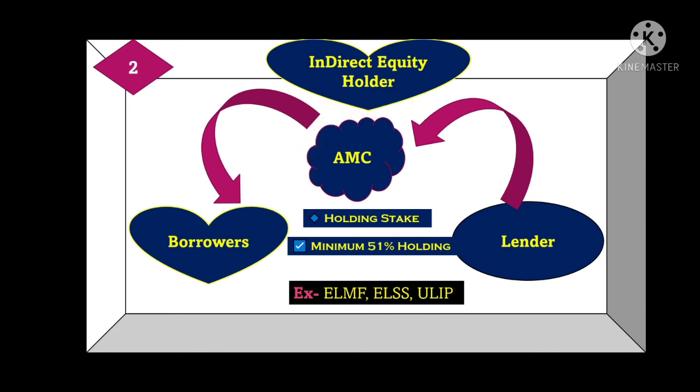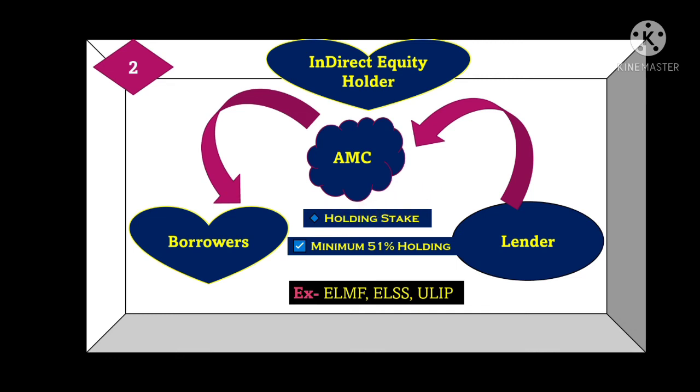An AMC is basically an organization which is pooling the investment, the money, the funds from several investors. After that, it invests those funds in different securities in different companies, right? So here the lender is also an equity holder but through AMCs, through a mediator.